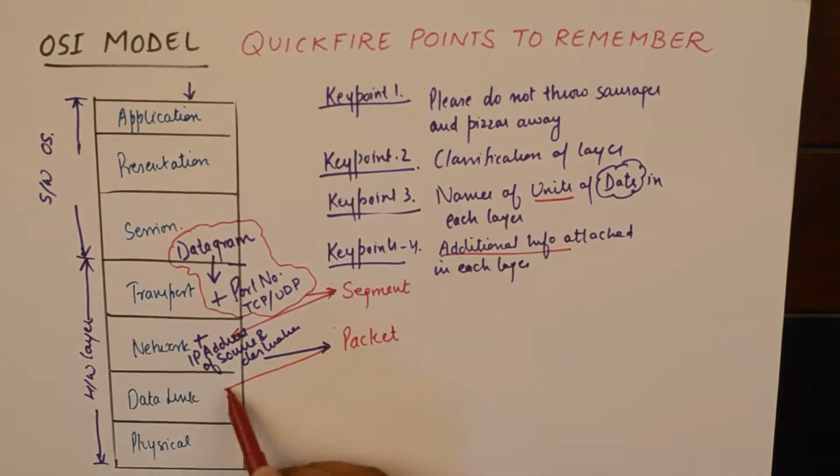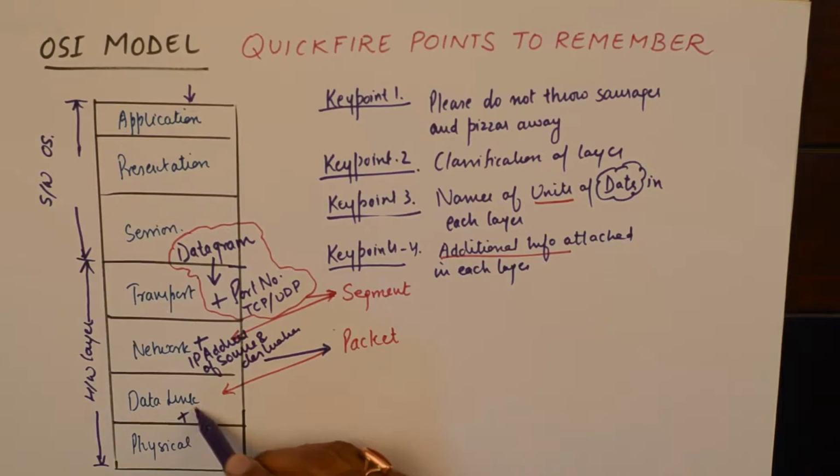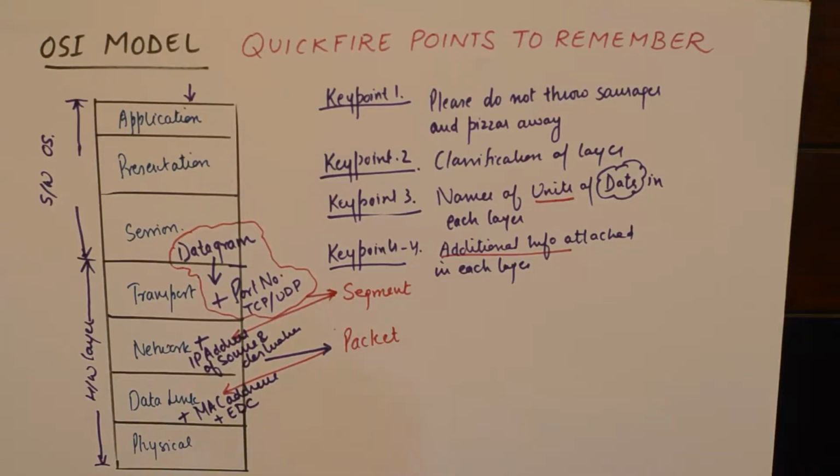Now this packet goes to the data link layer, which additionally attaches the MAC address and error detection and coding technique, if any, for example CRC or anything.